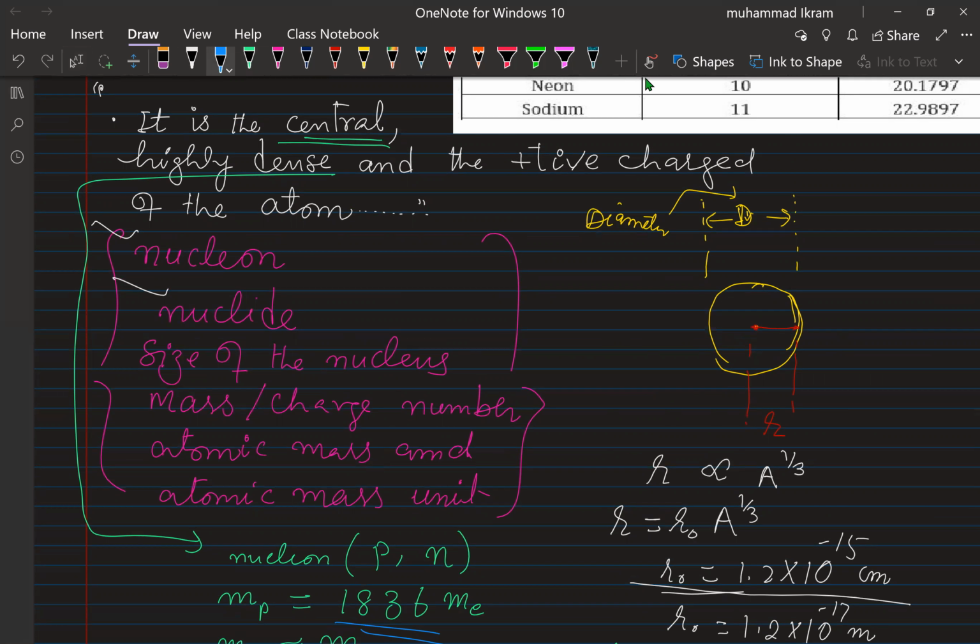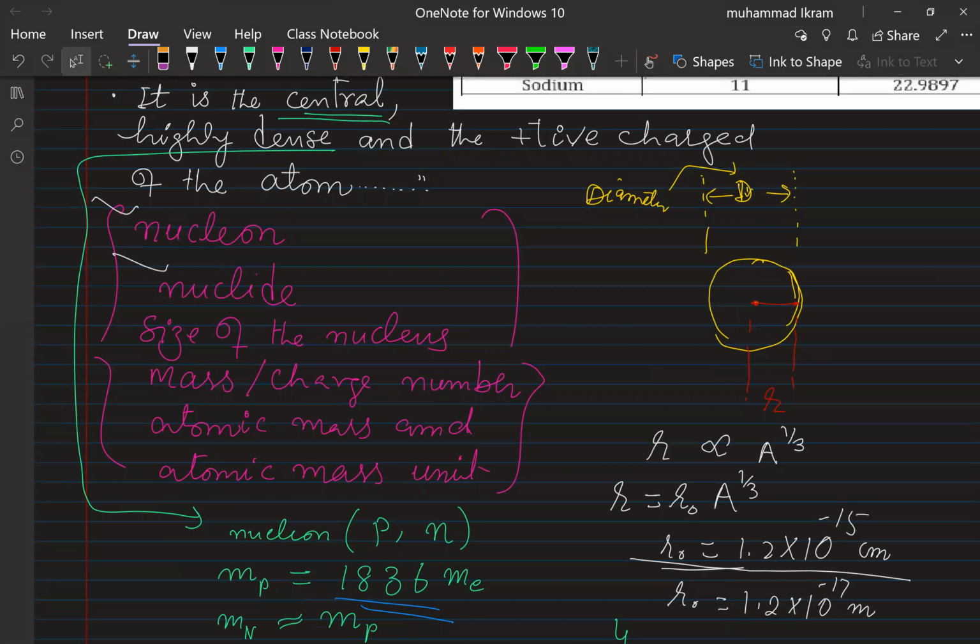So for example, if I just zoom the atom to the size of the earth, then the nucleus will become the size of a tennis ball, and still it will be heavier than the rest of the atom. So this tells how dense it is.